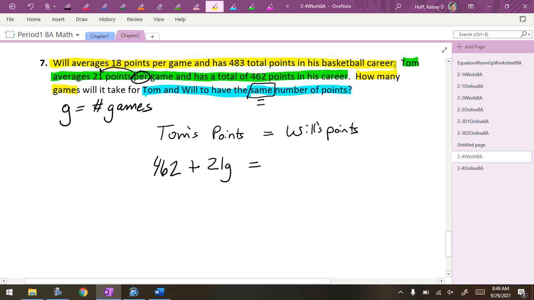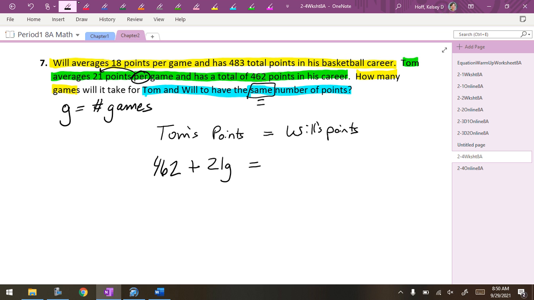Look at the sentence with Will. How many points does Will have right now?